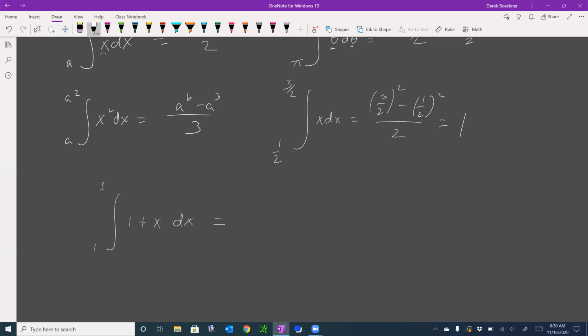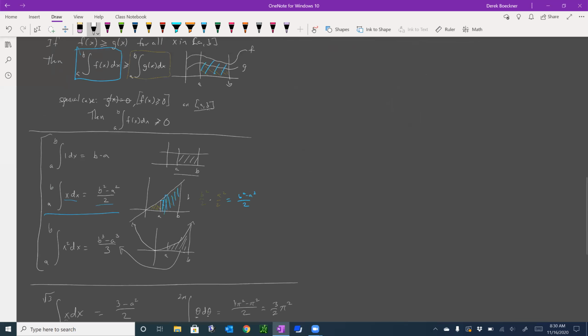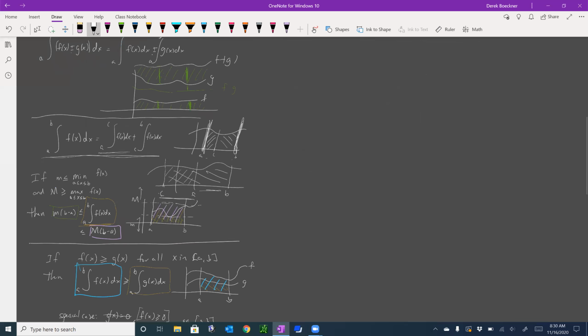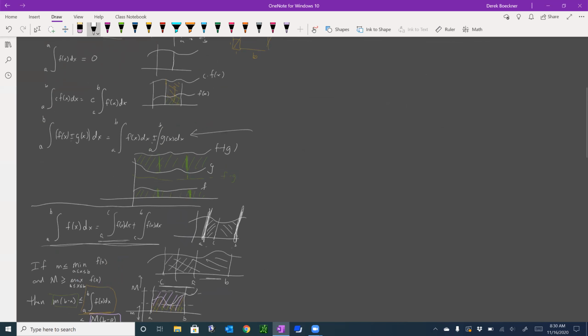I can't take one outside, but I can split it up. Right, this is an addition one. So one of these rules up here said, what do we do with addition? This guy says, you've got addition of two functions inside of an integral. You get to do each of the functions inside the integral and add them together.